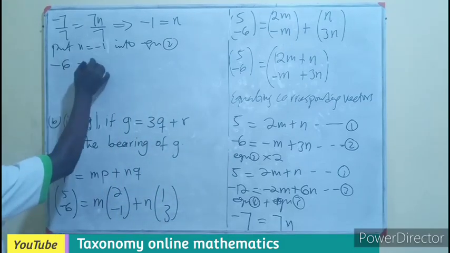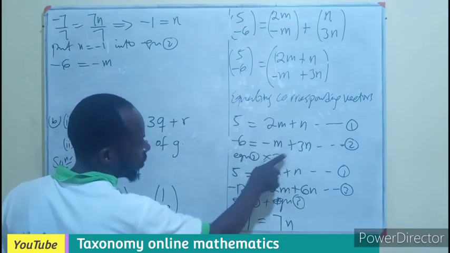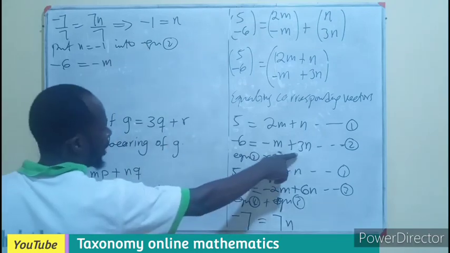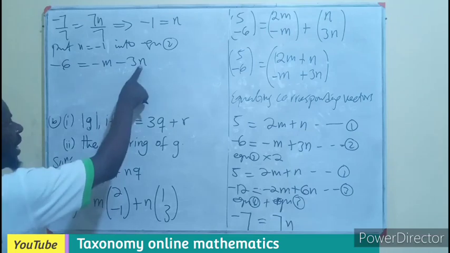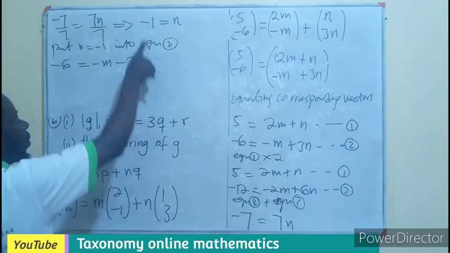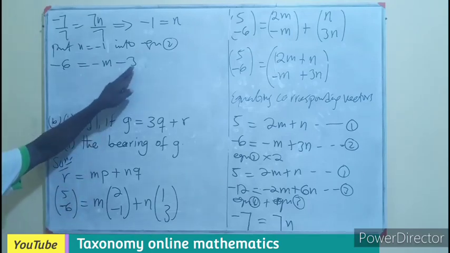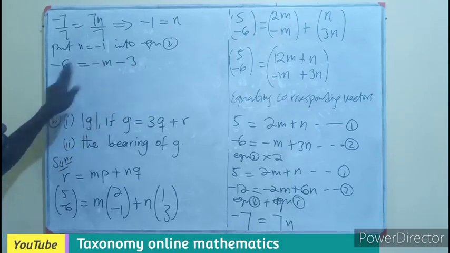Going to be this: minus 6 equals minus M plus 3N. Negative 1 will multiply the 3 to give minus 3N, but the N is also negative, so negative 1. That gives us minus 3. For us to eliminate minus 3, we add 3 to both sides.